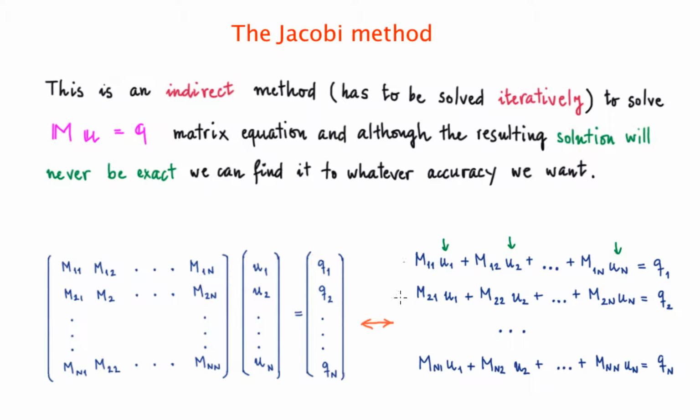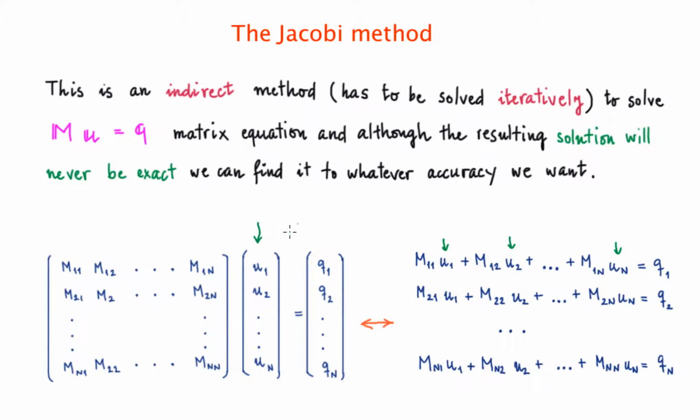Of course, this system of equations can be written in the matrix way. So here the matrix M is multiplying some U column, and the result is going to be the Q1. So these Q1s are known values. The M matrix is a known matrix as well, and U are the unknowns.